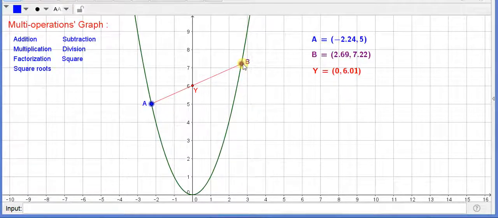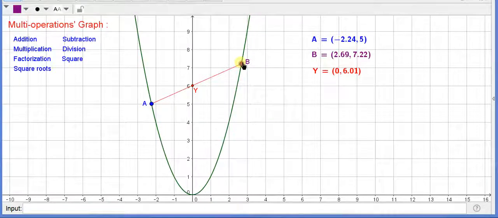Now multiplication of 2.24 and 2.69 is equal to 6.01. The y coordinate of point Y will give this. You can verify with the help of a calculator if you want.